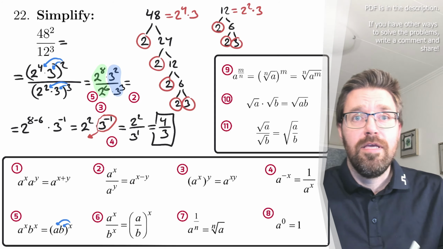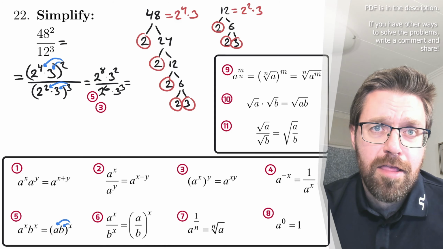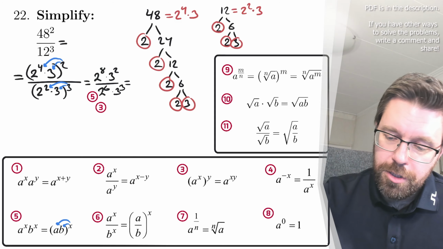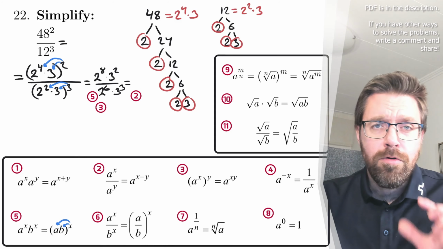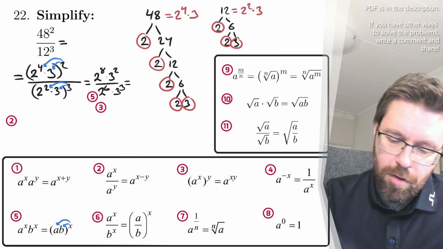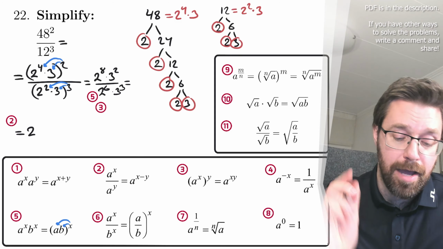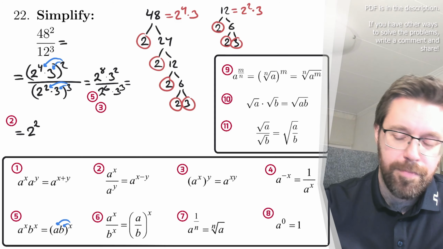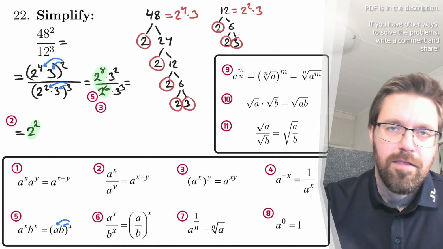And you can do it in a shorter way, I think. The faster way to do this is to use rule number 2 again, but only for the number 2's. So it equals 2 raised by 8 minus 6, and it will be number 2 here. So this thing here equals this.